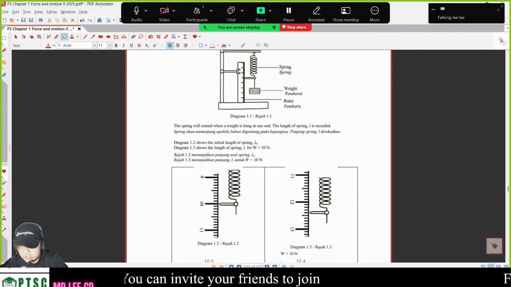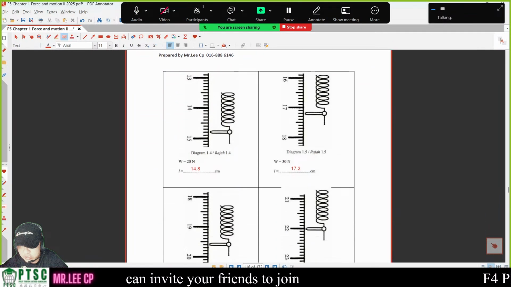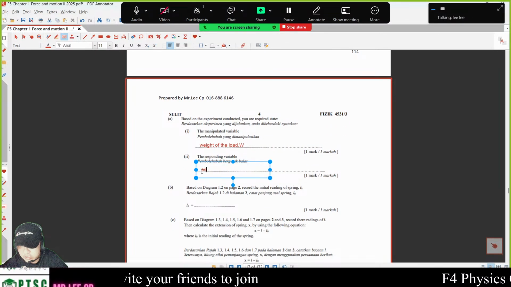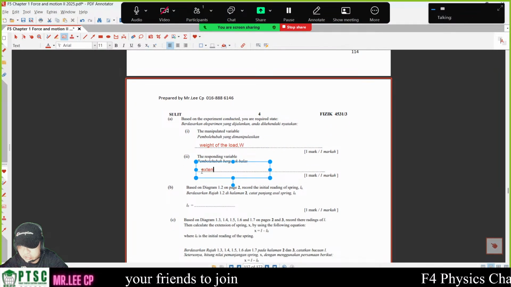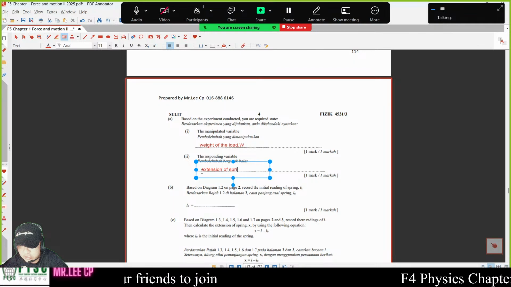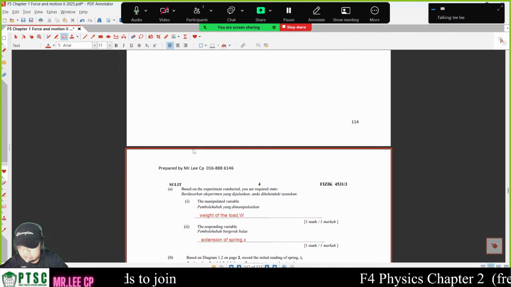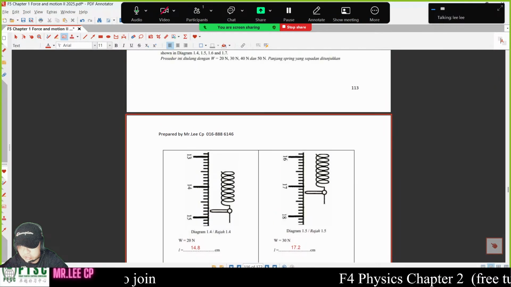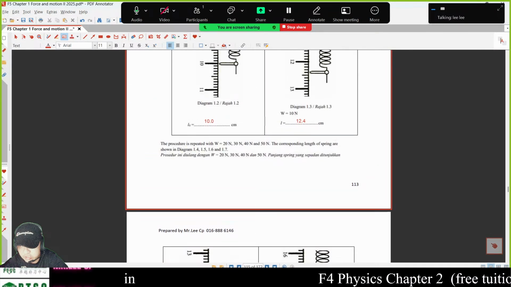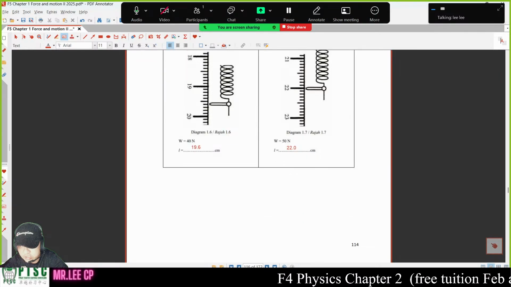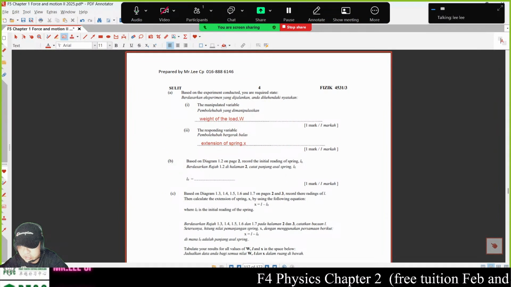Just copy only. Now L naught, you put it in. How much is L naught the first time before you put any lot on it? You find it is 10 cm, 10.0. Put it in.